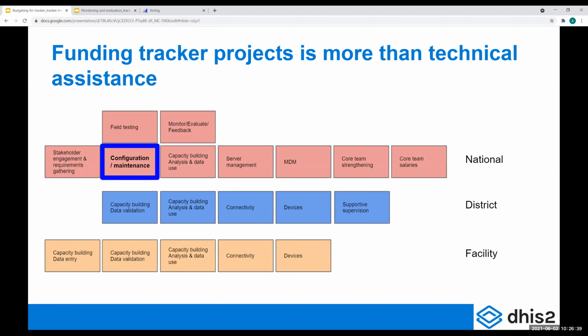But you still need to be able to do training at a national level. You still have to procure all of the devices. So I think it's an interesting concept to know what you're getting with each pot of money.